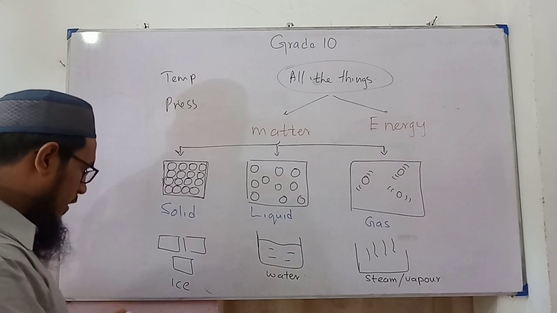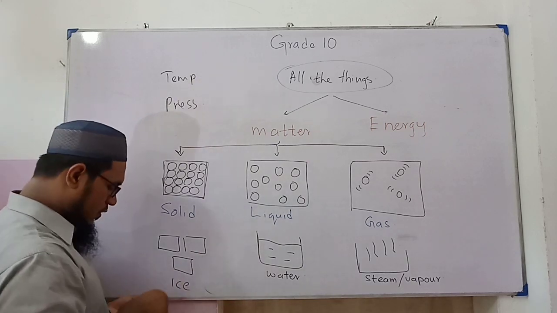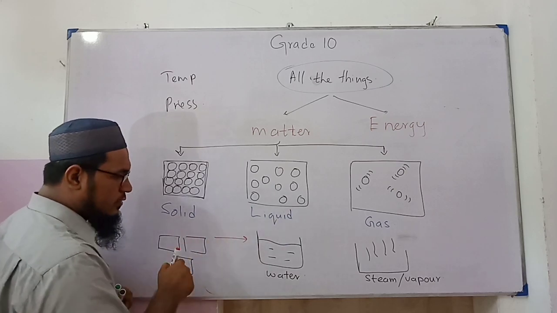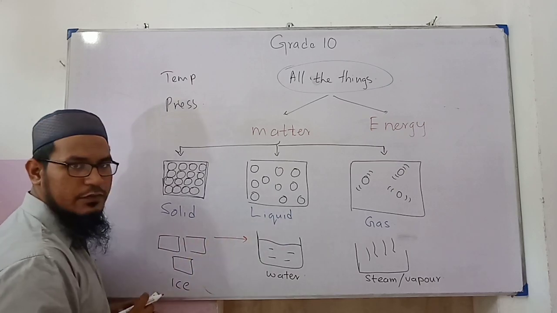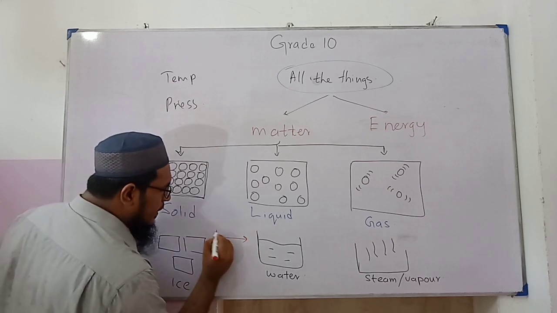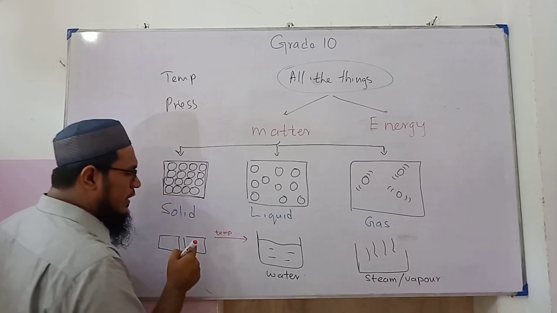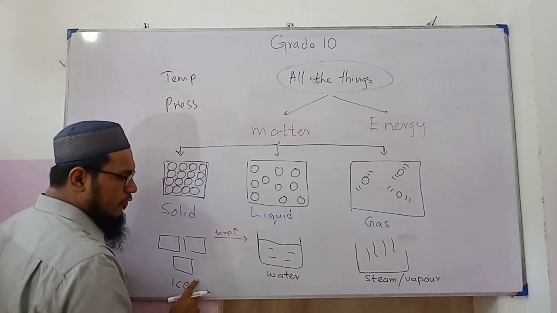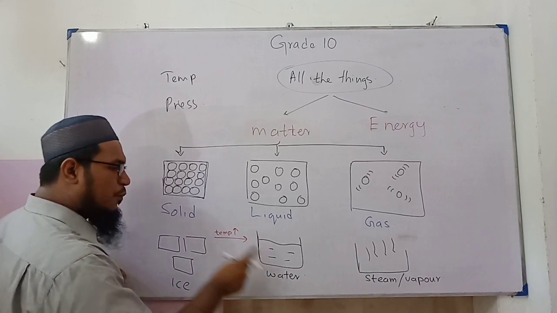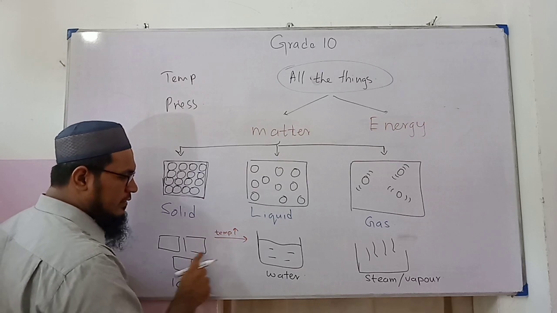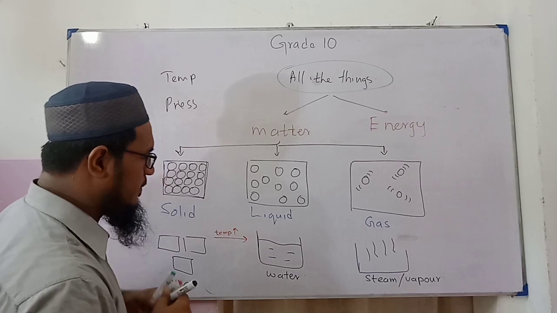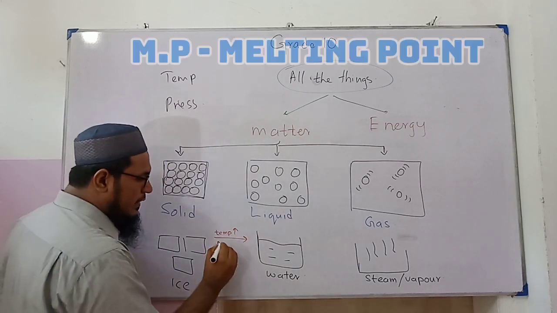So I have ice. What should I do to the ice to convert it from ice to water? Yes, increase the temperature. Once you increase the temperature, ice, a solid, will become liquid. The point at which ice turns into water is called the melting point.